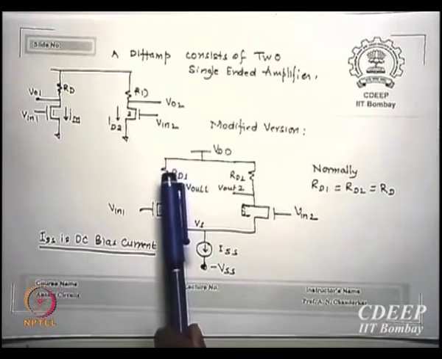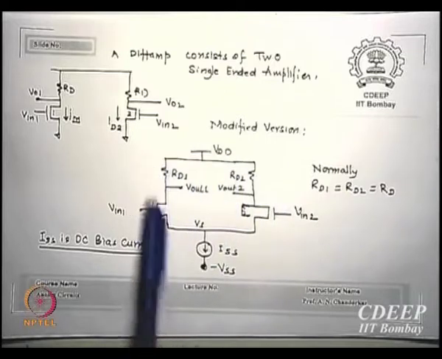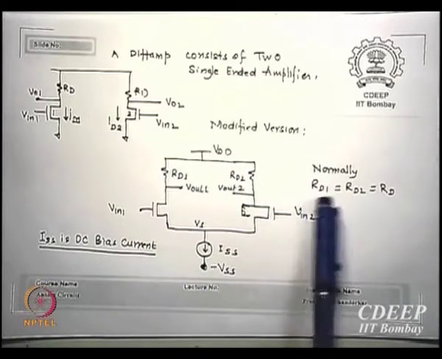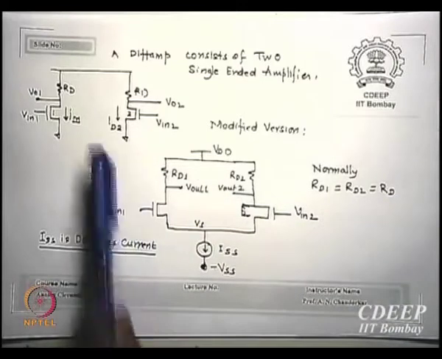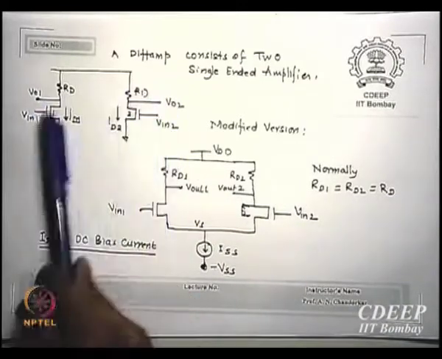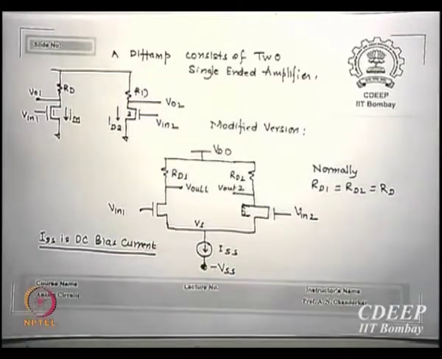Right now they can be different, but in most cases, if you are on a single silicon chip, RD1 will be equal to RD2. If you go in the lab, pick up two separate amplifiers and connect them, these two may not be identical. Even if you choose a 47 kilo ohm resistor, two 47 kilo ohm resistors do not have exact 47 kilo ohm values.